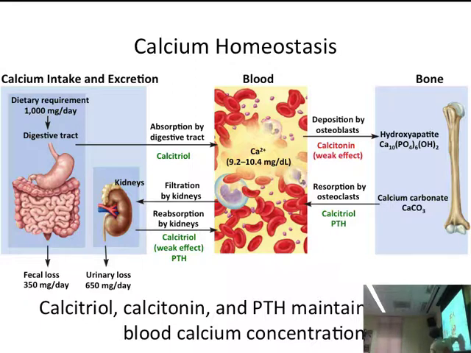Calcitriol has a weak effect along with parathyroid hormone, affecting the reabsorption of calcium. Otherwise, it's being filtered by the kidneys. Calcitriol and parathyroid hormone are stimulating the liberation of calcium in the bone. On the other hand, calcitonin is inhibiting osteoclasts and driving the formation of hydroxyapatite by osteoblasts.